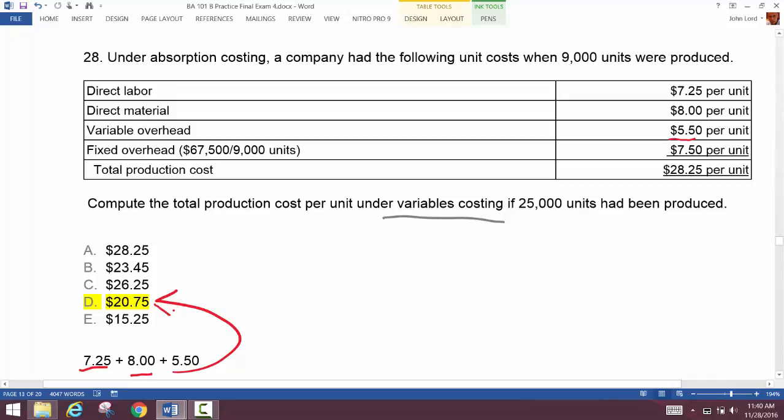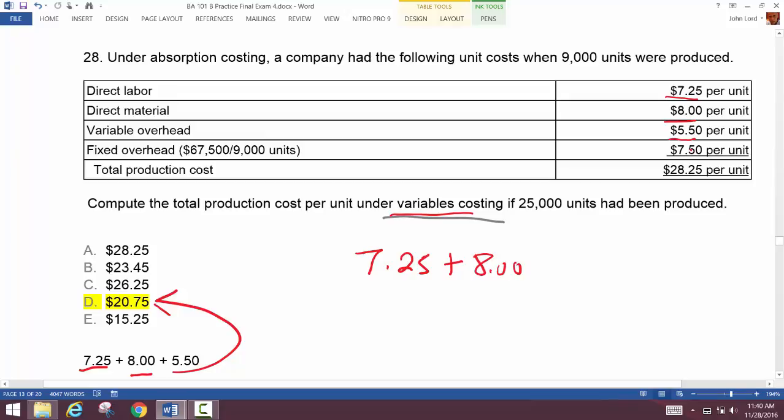Okay. If this is absorption, what do you want me to do? I pick up the 725. Good. What else? Do I pick up the $8? Yes. Pick up that $8. Good. Do I pick up the variable overhead? Yes, I do.